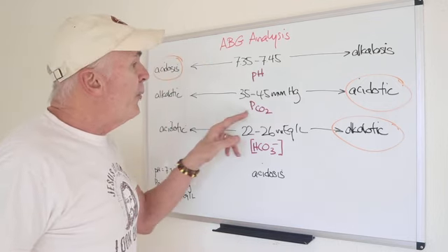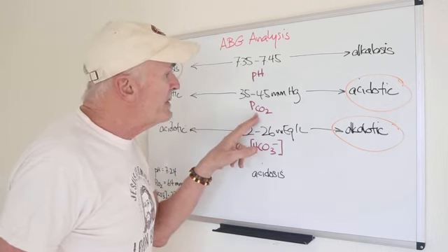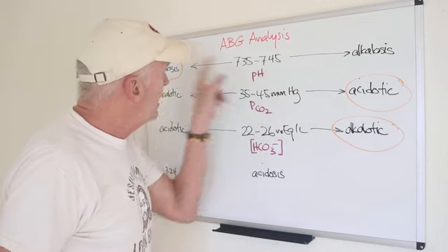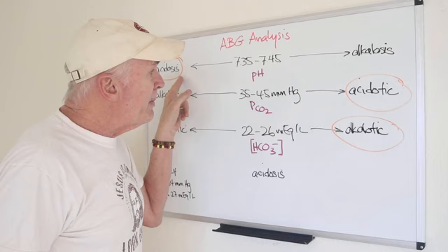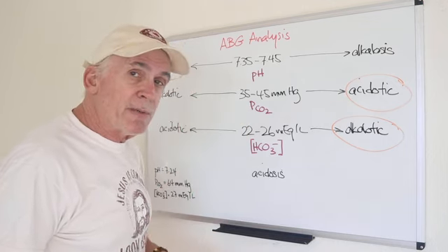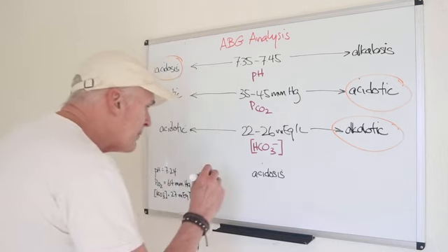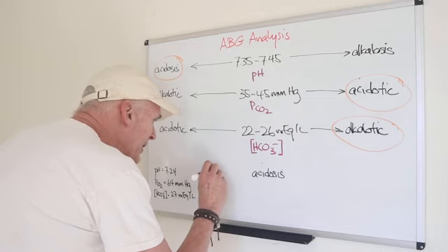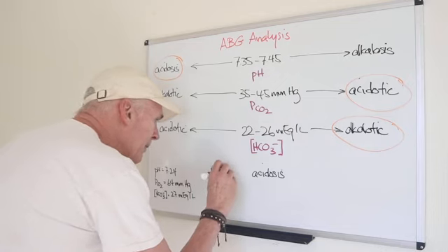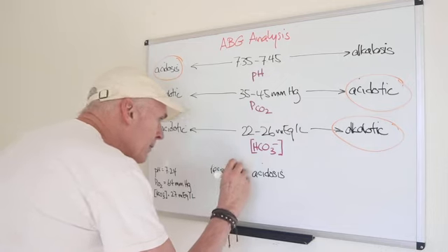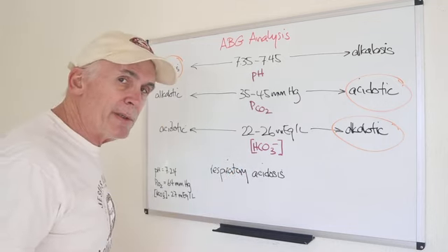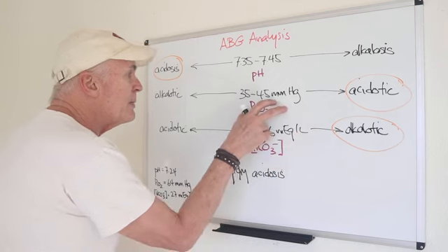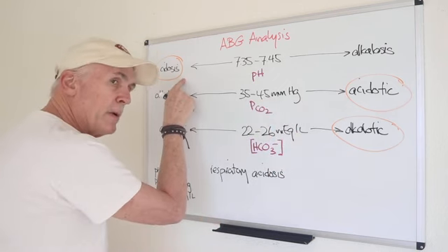So therefore, since it's the partial pressure of CO2 that is in the same direction as the acidosis or alkalosis, that means that the respiratory system is the cause. So this person is in a state of respiratory acidosis. Do you see how easy that was? In other words, their respiratory system is causing the acidosis, all right?